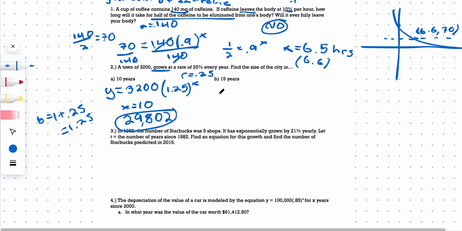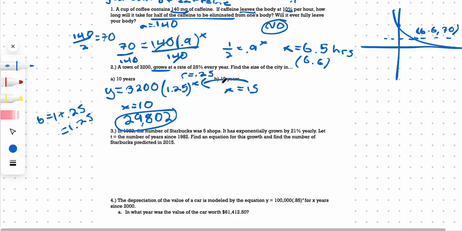Now let's do 15 years. This is where x equals 15. We just plug it in, right? We plug this 15 in for that x. We do 1.25 to the 15th power. Then we multiply by 3,200.